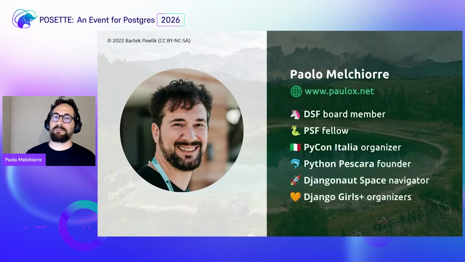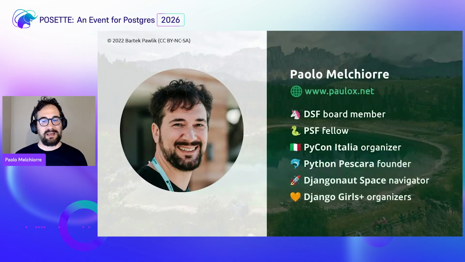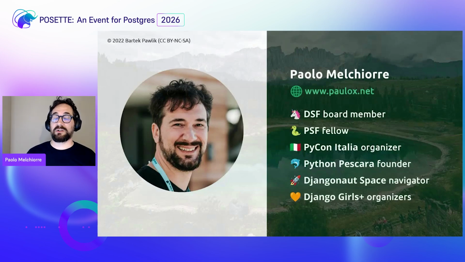I also founded Python Pescara, a local community. We organize monthly talks and some beers. And I'm also involved in the community, trying to help as a navigator in the Django Navigators program and organizing various Django Girls workshops.